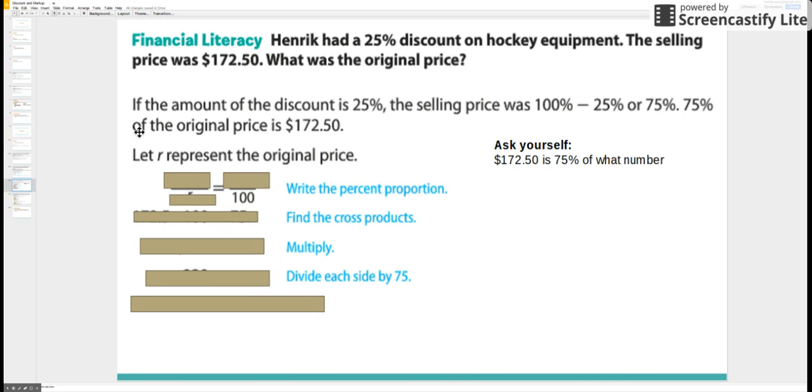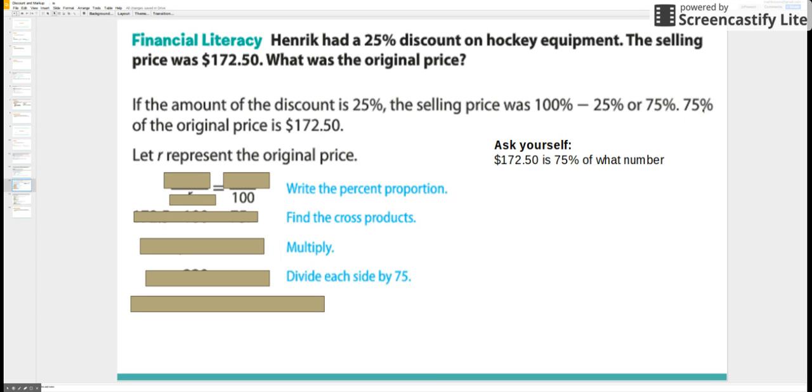Okay, so if the amount of the discount is 25%, the selling price was 100% minus 25%. So think about it like this. All right, so he had a 25% off discount. So in other words, he was actually only paying for 75%, okay? The selling price that he paid, this price right here, only represents 75% of whatever the original cost is.